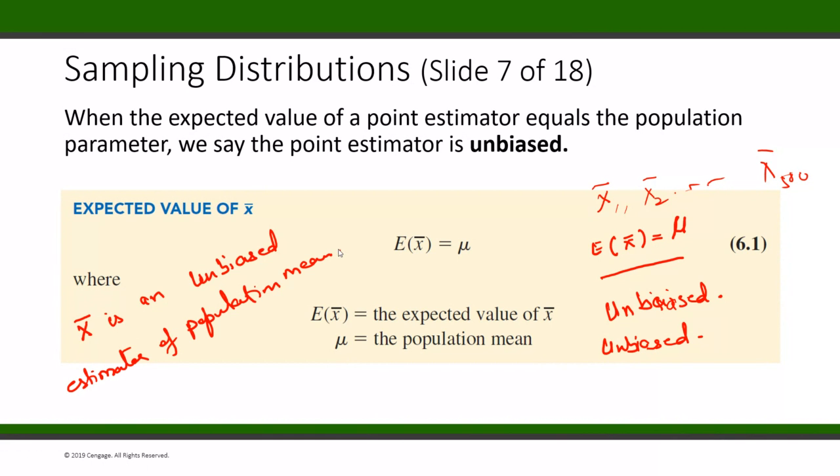Which technically means that if you take an average, the expected value of X bar, you will get the population mean.